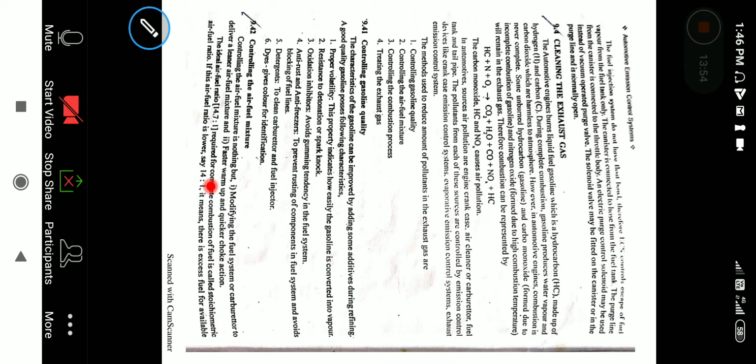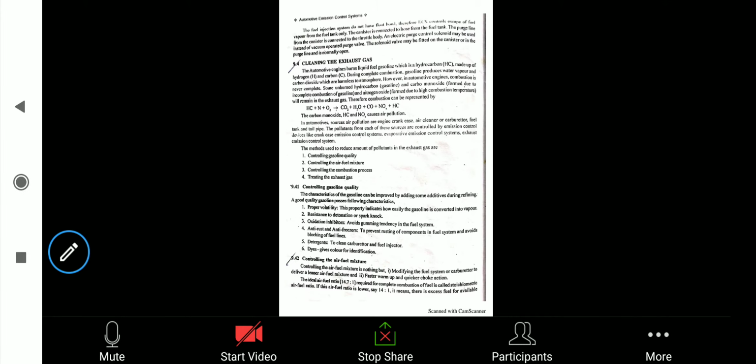Okay, this one. So see, in the previous class, when you studied the carburetor, you studied what the carburetor does. The carburetor makes the air fuel mixture and transfers that air fuel mixture to the engine. So in what condition does the engine require the air fuel mixture?